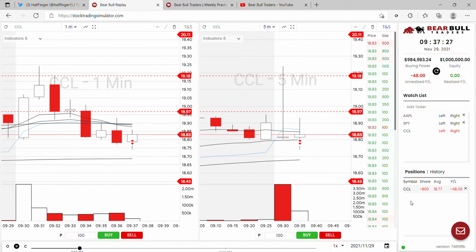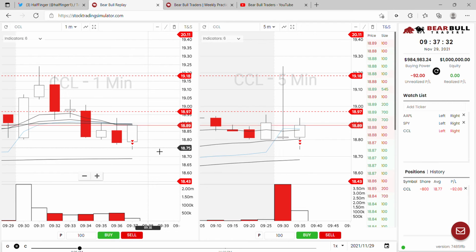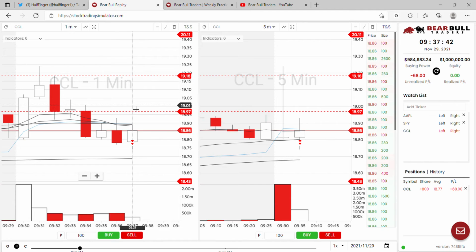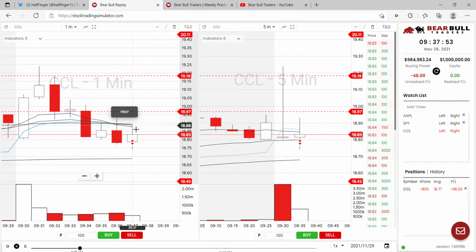And the share size doesn't matter, it's all hypothetical because it's market replay simulator. But you want to be aware of that when you're trading live, of course, so you know how much you risk in every trade. So if we can push through everything here I'm getting out, then it's not worth being in the trade anymore.